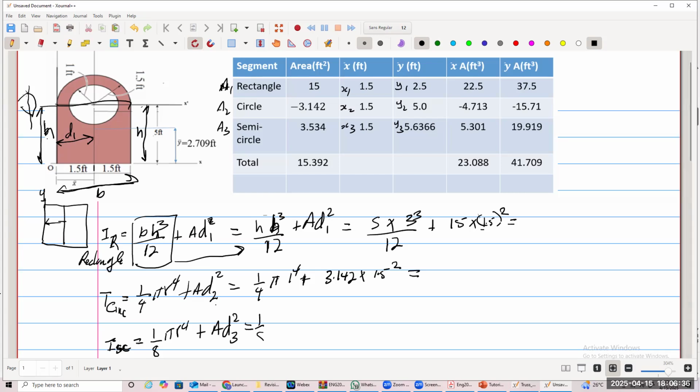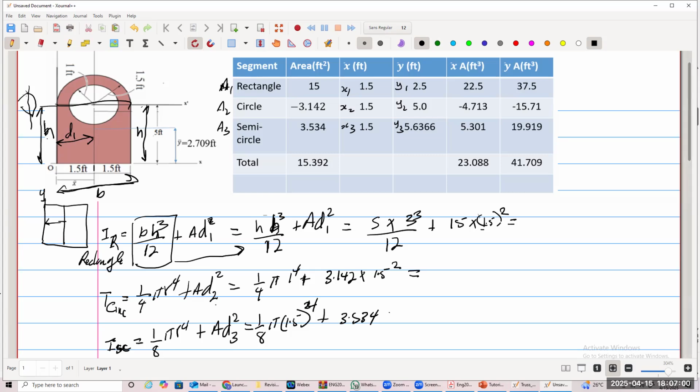All right, so this is 1/8 pi, and the radius is 1.5 to the fourth, plus the area, which was what now? 3.534. All right, what is your D now? Your D happens to be the very same value.